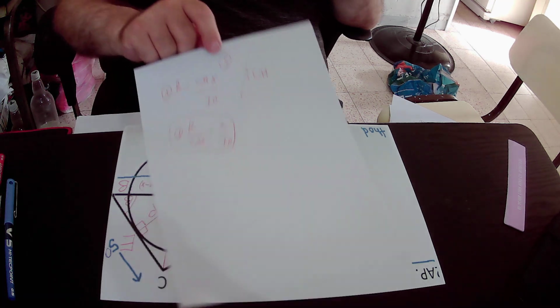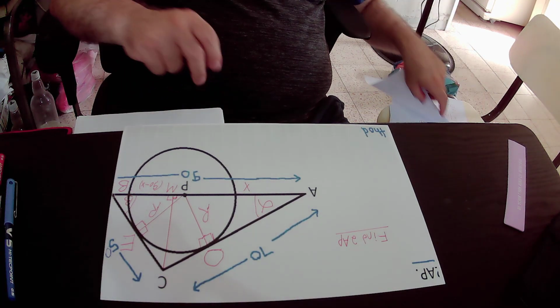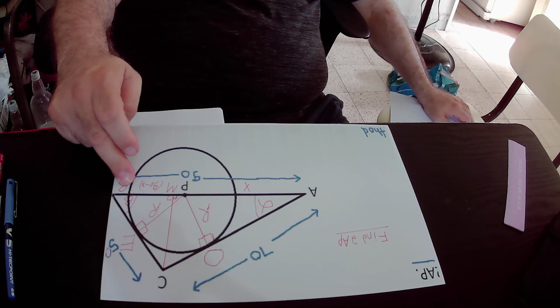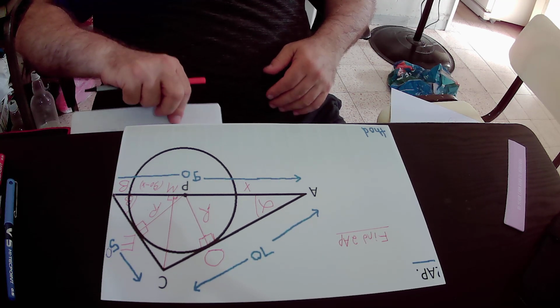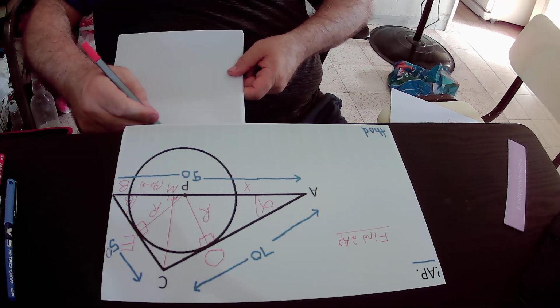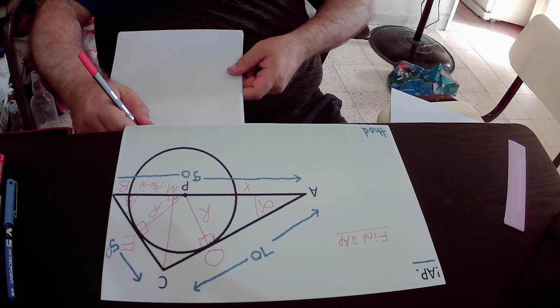In the next step, we'll focus on beta and sine beta, and we will also focus on two other right triangles.